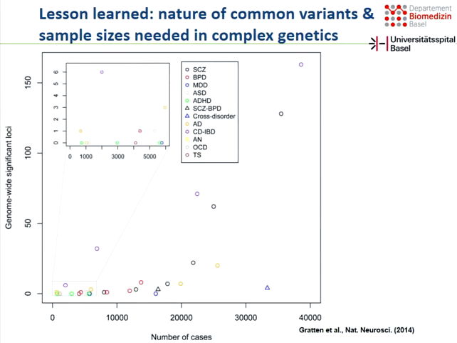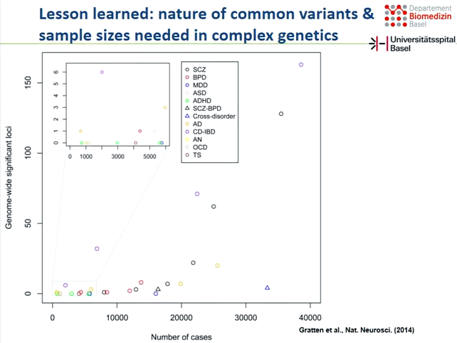Now, what's the lesson learned? We have learned about the nature of common variants that contribute to psychiatric diseases, and the sample sizes needed in complex genetics in general, maybe neuropsychiatric genetics, but in complex genetics in general, and also neuroimaging genetics.